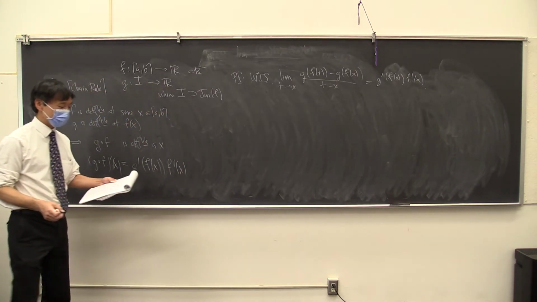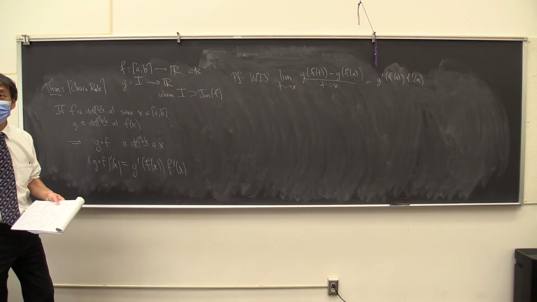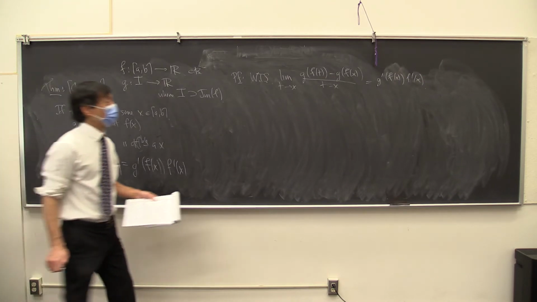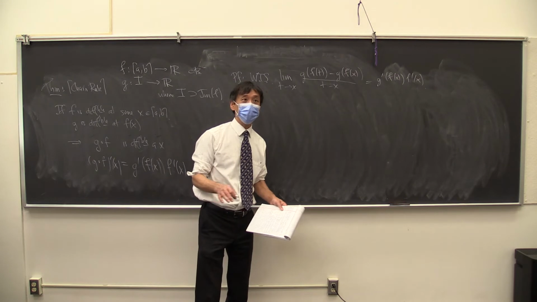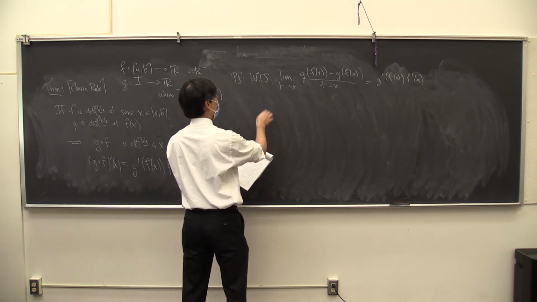That's what differentiation means. Now we're going to use the tangent line interpretation, the alternate interpretation of the derivative.